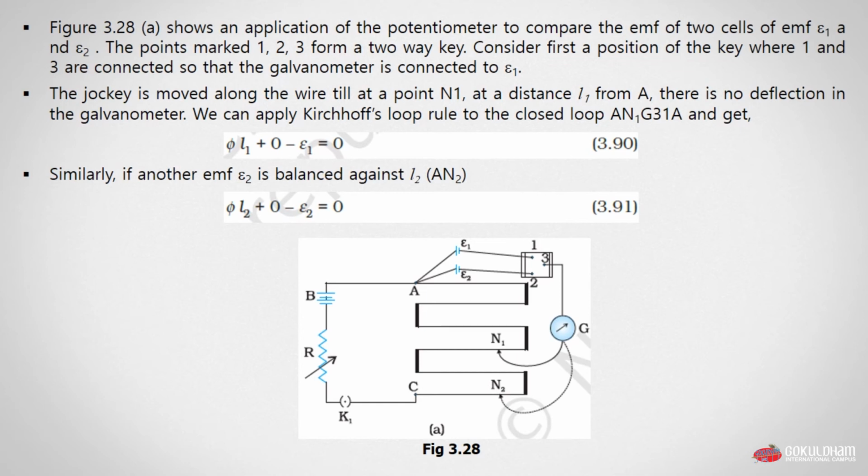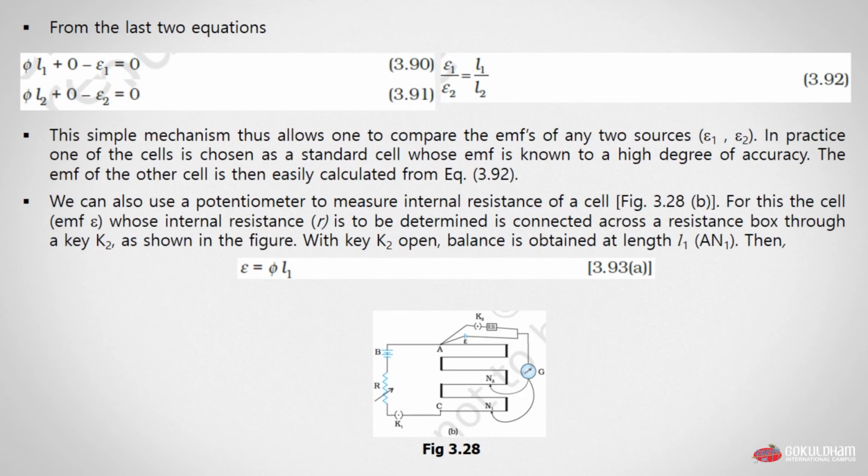Similarly, if another cell of EMF epsilon 2 is balanced against length L2, we have phi L2 plus 0 minus epsilon 2 is equal to 0, which is our equation 3.91. Now from the last two equations, 3.90 and 3.91, we get our equation 3.92: epsilon 1 by epsilon 2 is equal to L1 by L2.